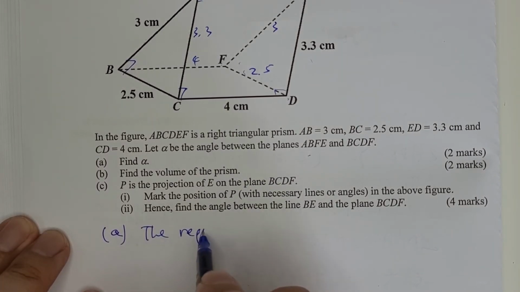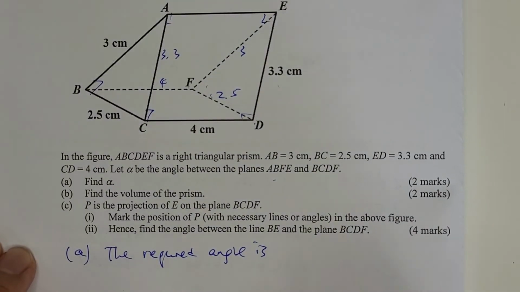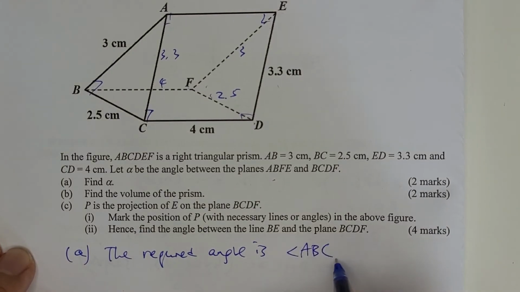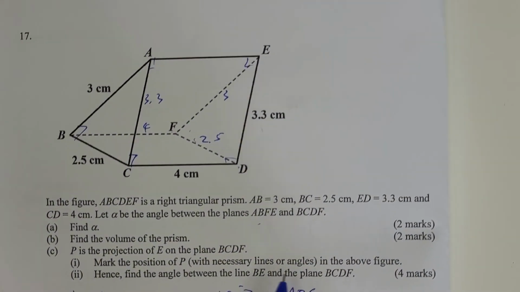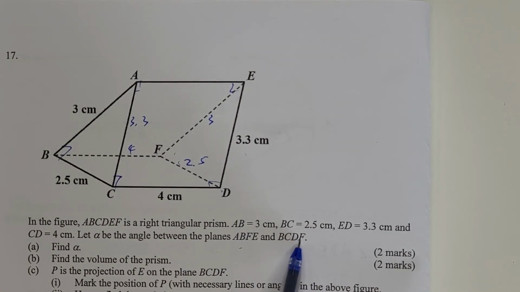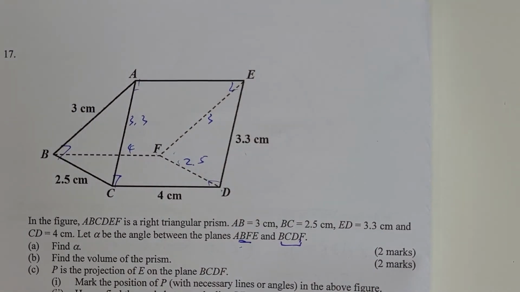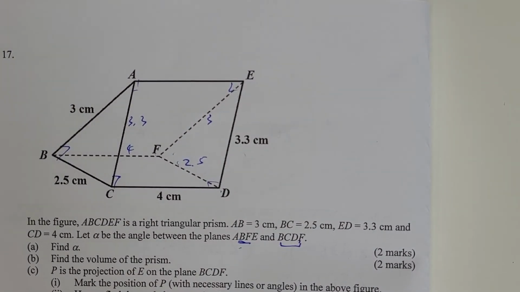The required angle is actually angle ABC. Why? Because the two faces have the common line BF. Okay? BF is the common line.